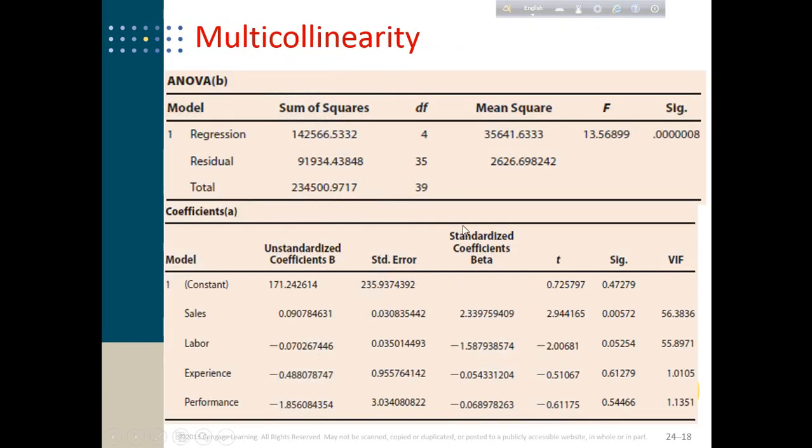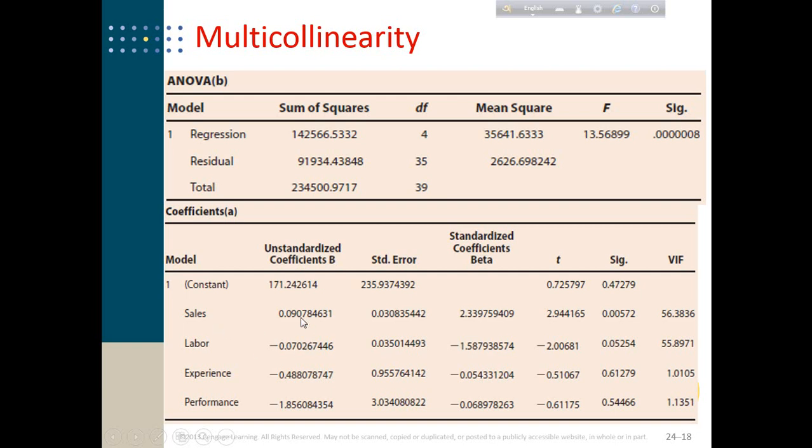Now this is another example. Now look, we have estimated the regression. The F statistic is 13.5 and the P value is less than the significance level. So the model is significant. And we have 4 variables: sales, lever, experience, and performance. So that's basically the factors that contribute to the sales performance of an employee.